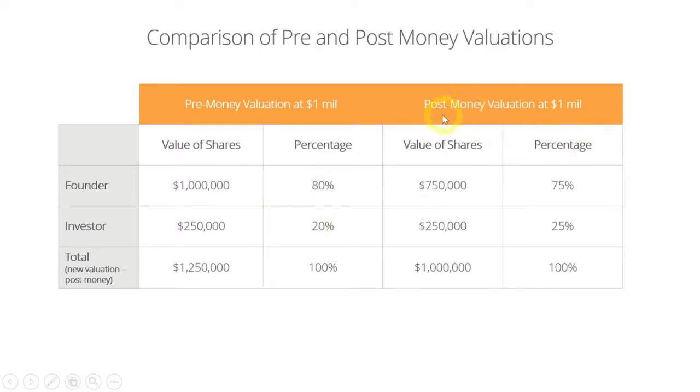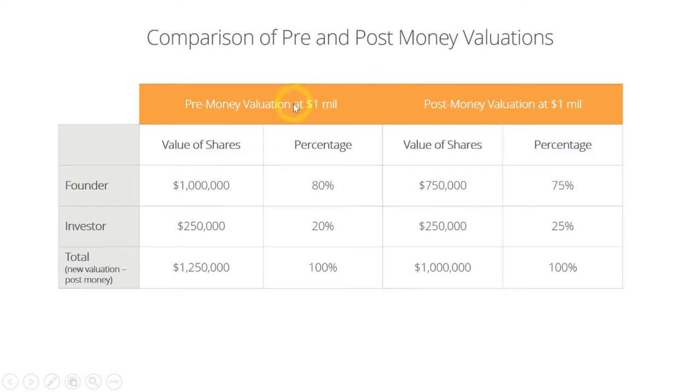Now you look at post-money valuation here. If you calculate your valuation right at the end here, which is 1 million, you only end up with 75% shares, while the investor would own 25%, which is equal to the amount of money he invested.